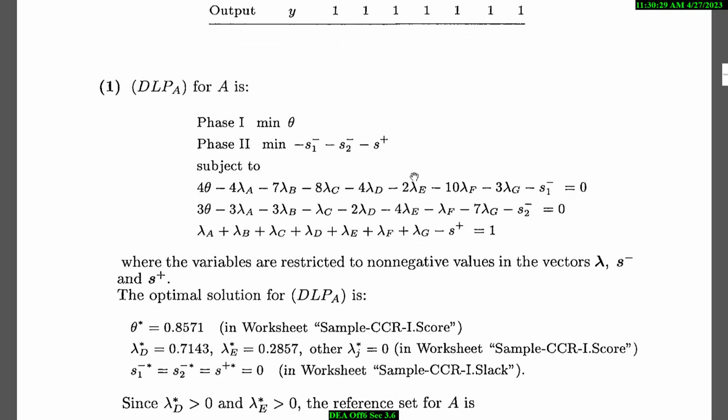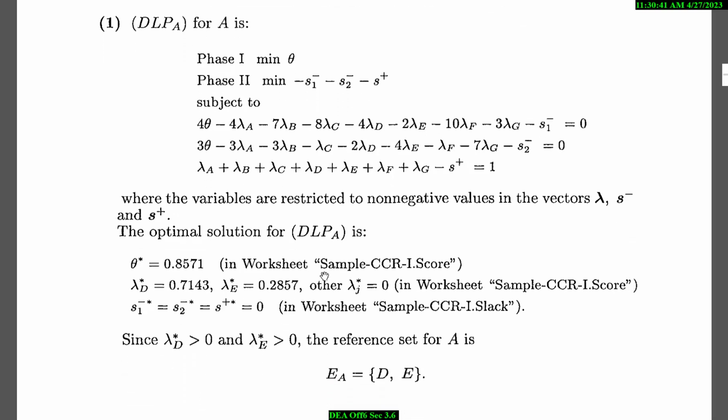We will see that this model can be solved graphically later, but here the DEA solver sample CCR1 source is used to solve this model. For A, the optimal objective function value is less than 1, so it is obvious that this DMU is not efficient.